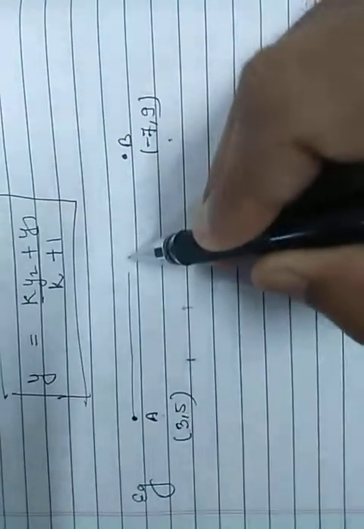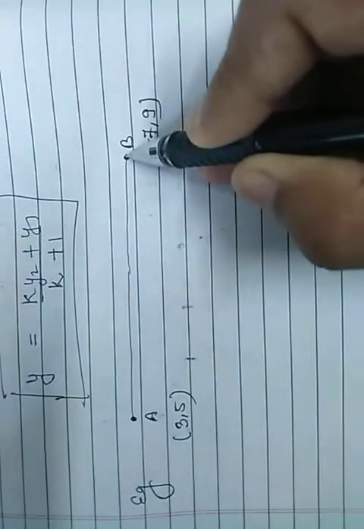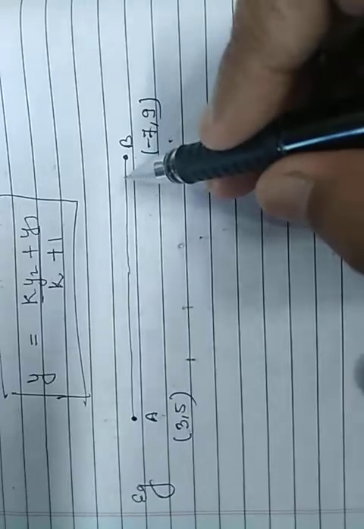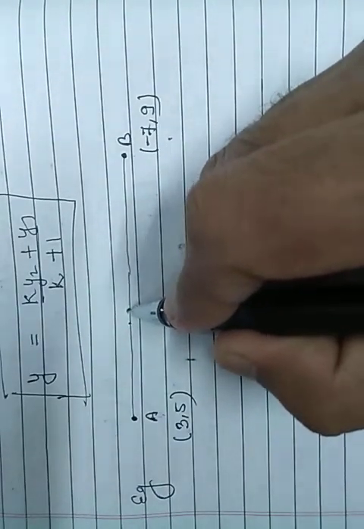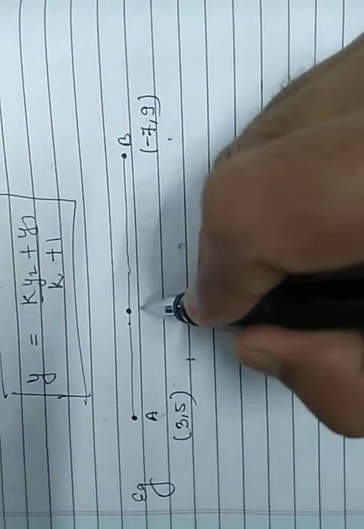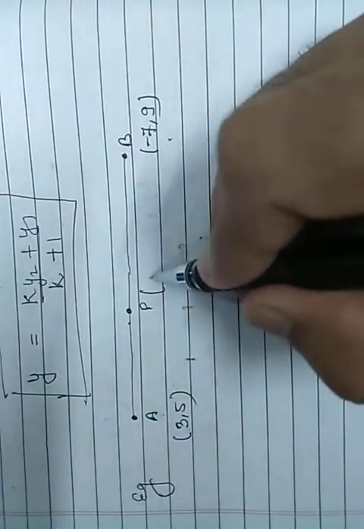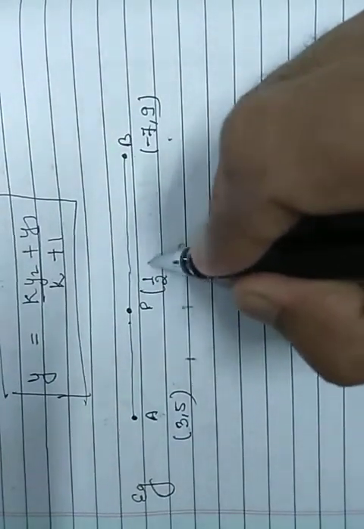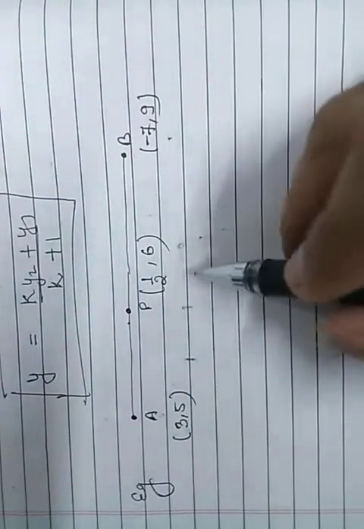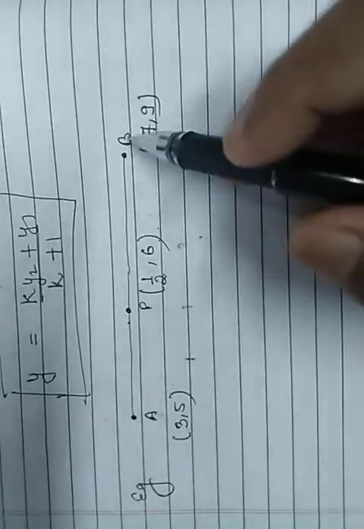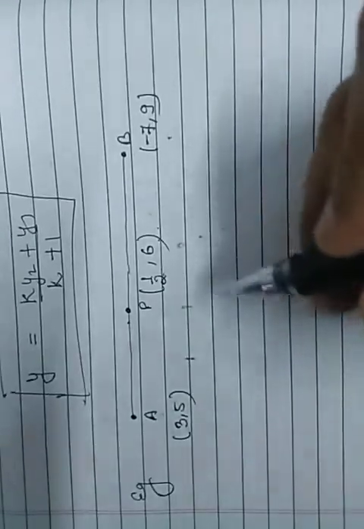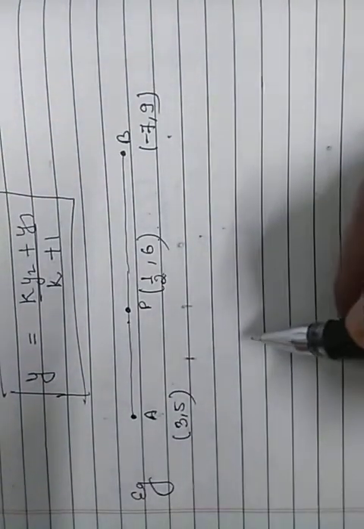Join the line, and it is divided by a point. I don't know in what ratio, but the coordinate of the point is given, and it is (1/2, 6). So this is the point that divides the line AB, and we have to find the ratio.